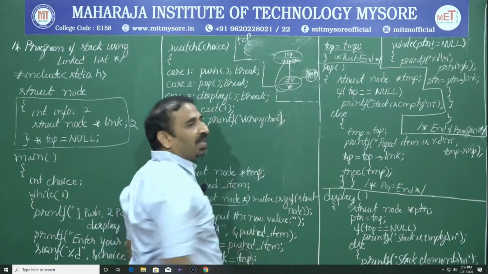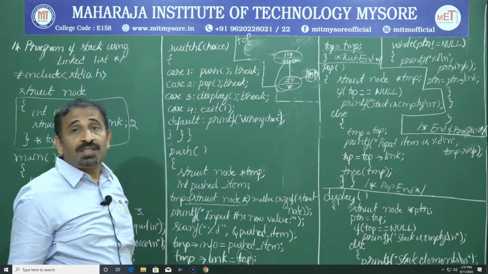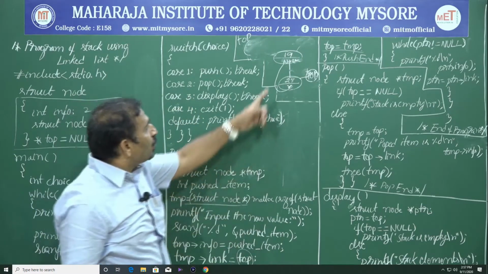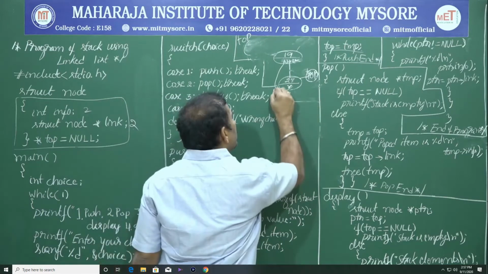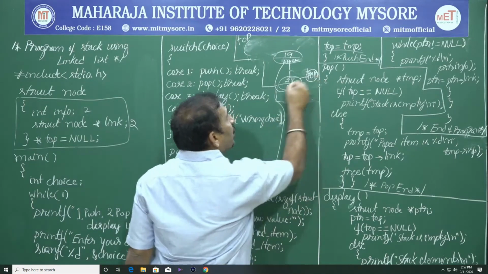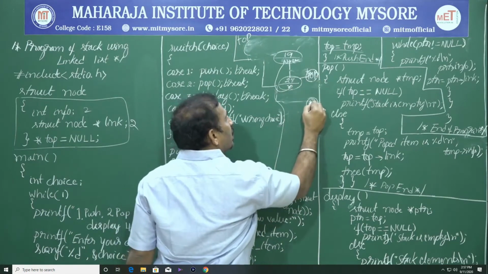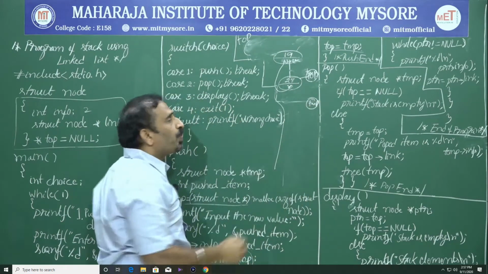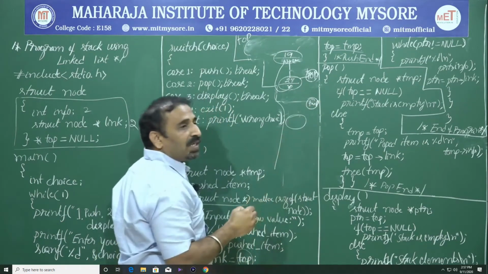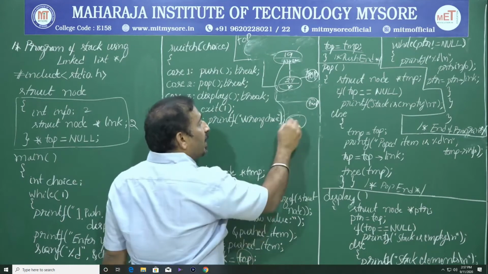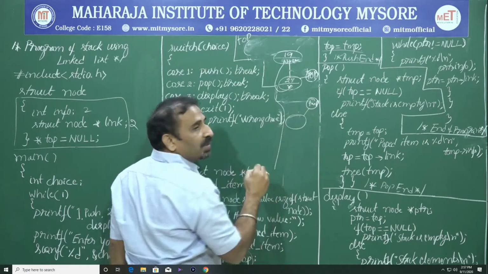So this is null only. It goes on. Now next time when you create a new node, top will be holding this. So therefore, take this TMP. TMP will be holding the address of the newly created node. Next, like this.